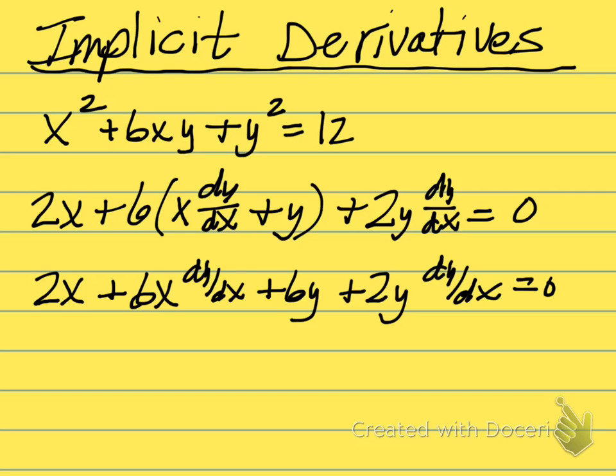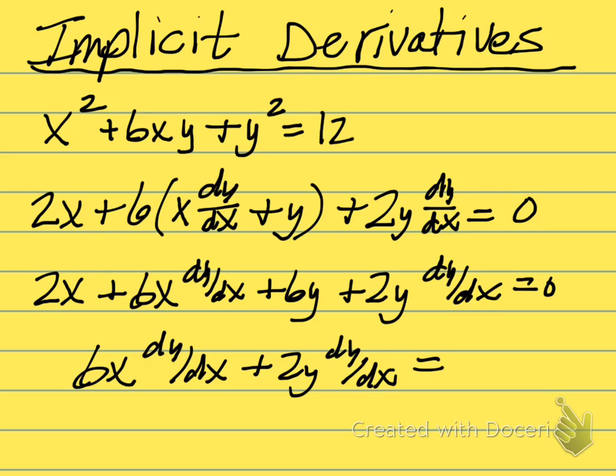At this point, I'm going to keep my dy/dx's together, and I'm going to send everything else to the other side. So I'm going to have 6x dy/dx plus 2y dy/dx equal to negative 2x minus 2y.